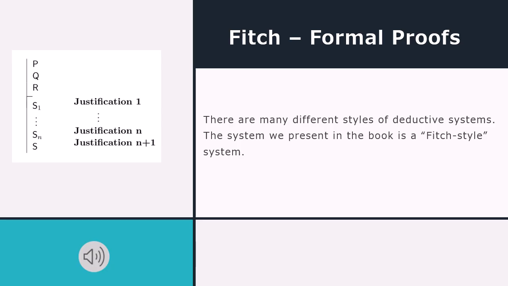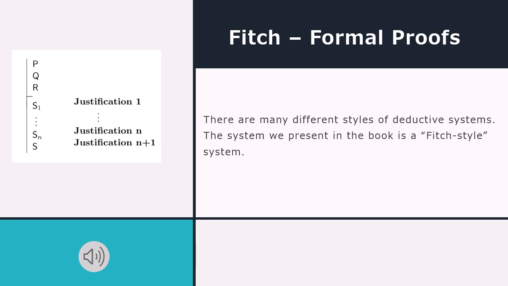Okay, so the format is basically what you're seeing here on the left-hand side. We first use a vertical bar to indicate the sequence of sentences in our argument. So a proof is essentially a special form of an argument. It's a sequence of sentences, and that very last sentence is intended to be the conclusion of the proof. Now, it's a little bit different than an argument in that it has a bit more. There are intermediate consequences, and that's what the S1 through Sn are.